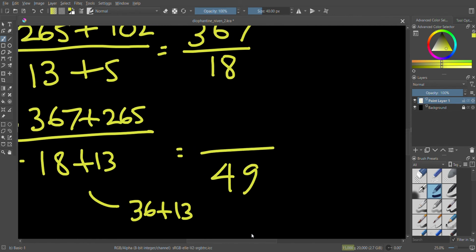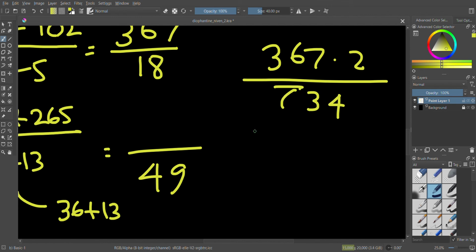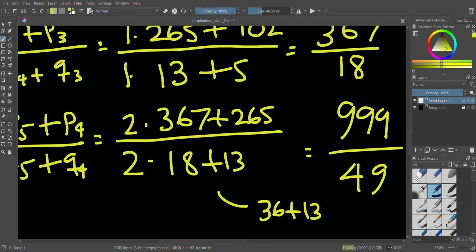So 367 times 2, 1, 1, 7, and then 265. Nine. So there you have it. That is the continued fraction, and those are the convergents.